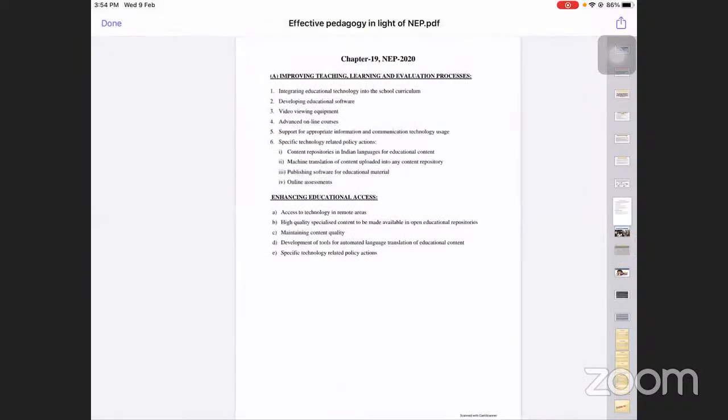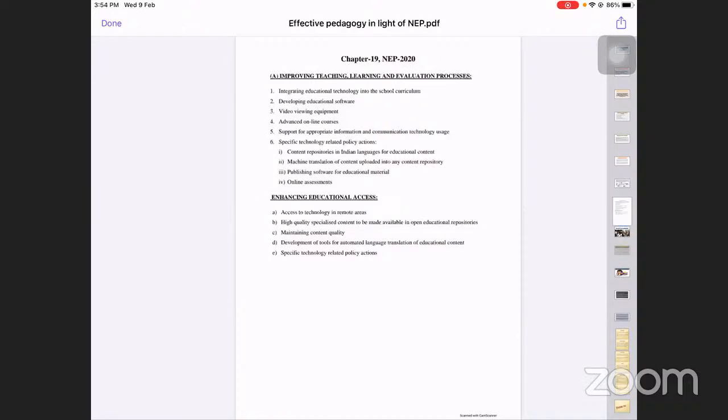This is chapter 19 of NEP 2020. You go through this chapter and you will find that NEP 2020 also says that technology must be followed by the higher education institutions and by the schools also.